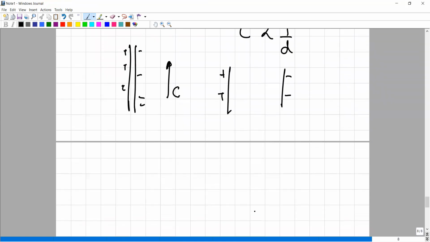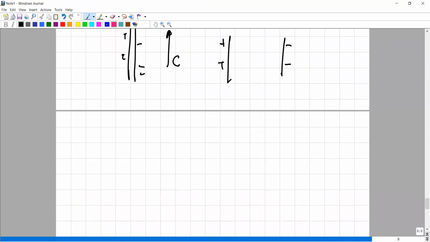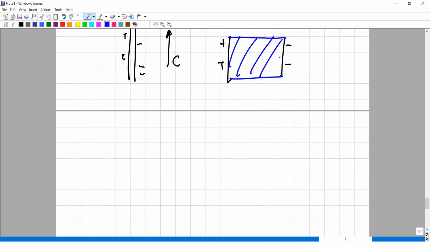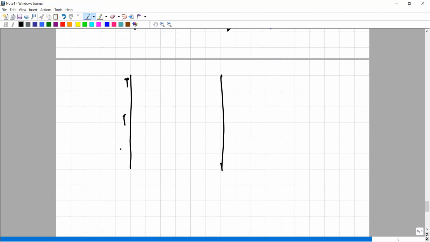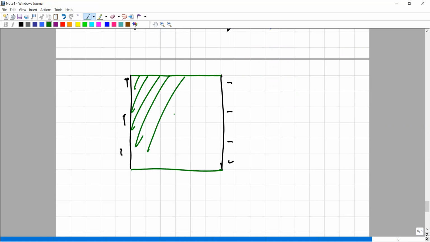Another thing is the medium between the plates. Now what happens if I introduce a different medium between the plates? Let's say I have this plate, positive and negative, and I introduce another medium between the plates, which is some kind of dielectric, some kind of insulating medium. Insulating mediums are dielectrics, basically.